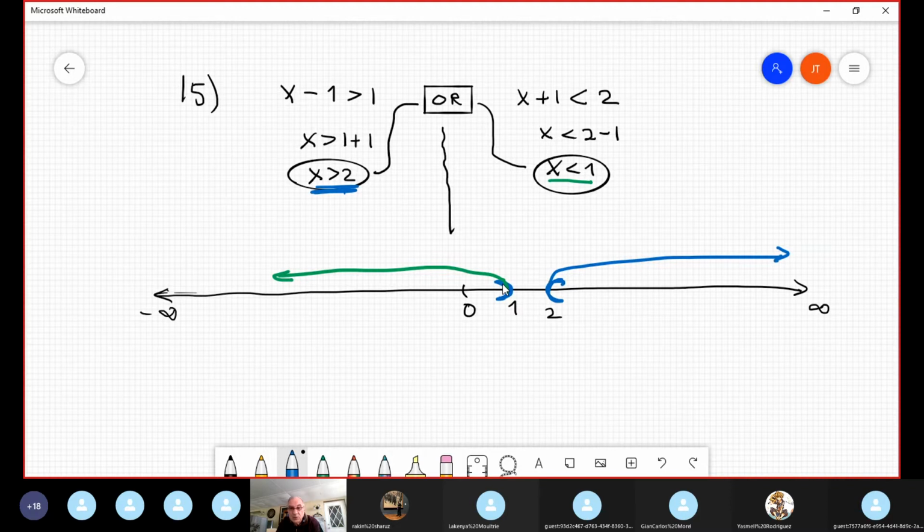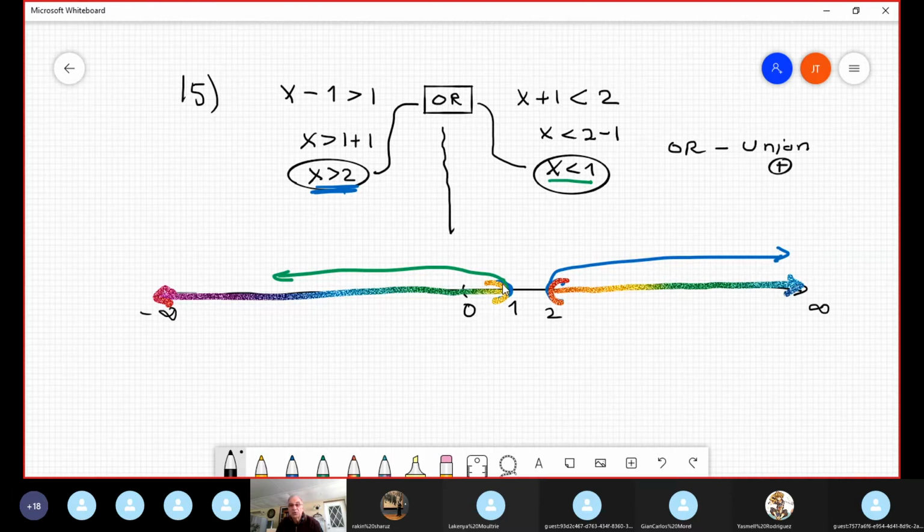If at least one is good, the total statement is true. So when I highlight using that color, it is this interval together with this interval, because OR is union. And union is plus. Put both sets together. If we have repetition, you consider it one time.